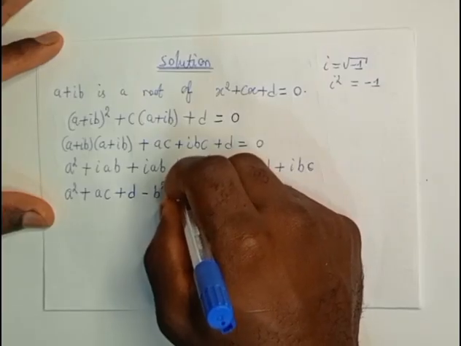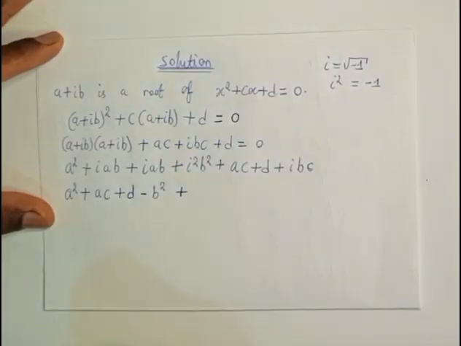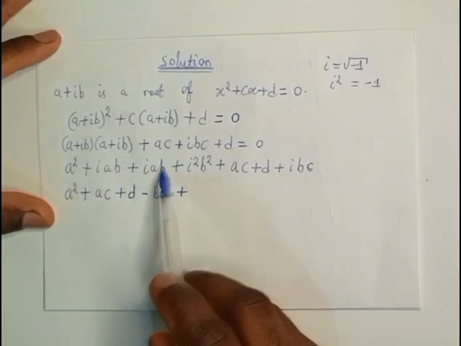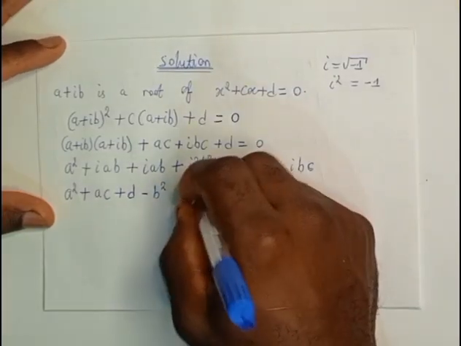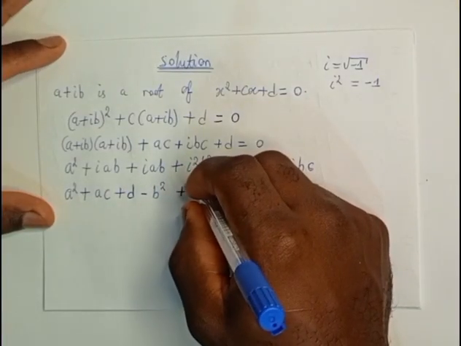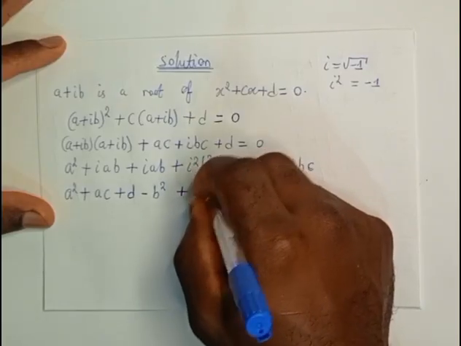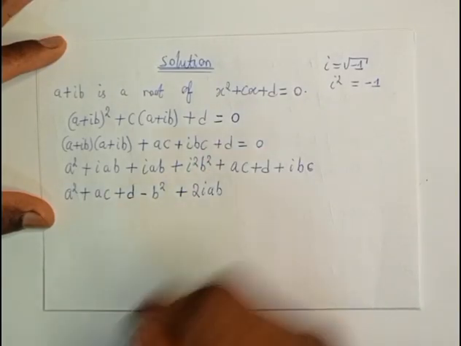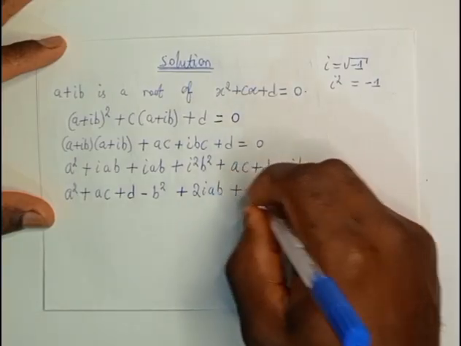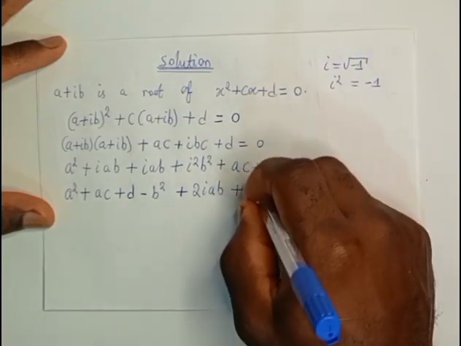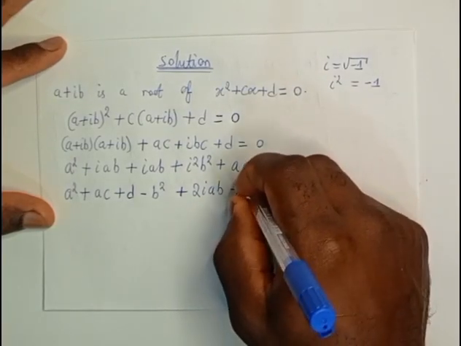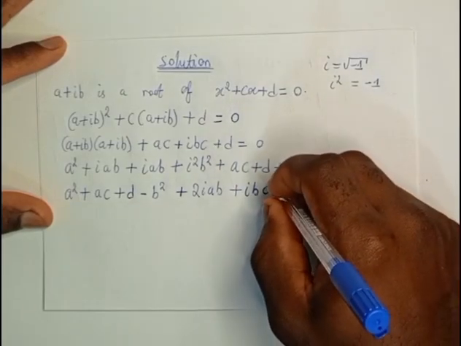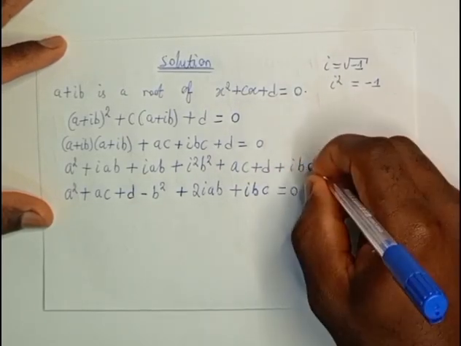Plus, we take the imaginary parts: iab plus iab gives us 2iab, plus ibc is equal to 0.